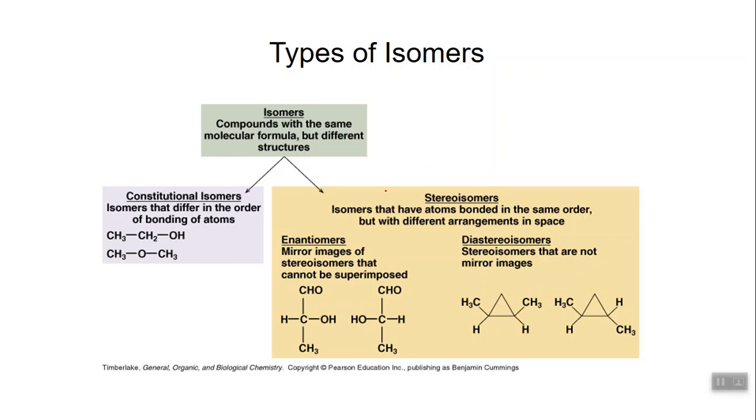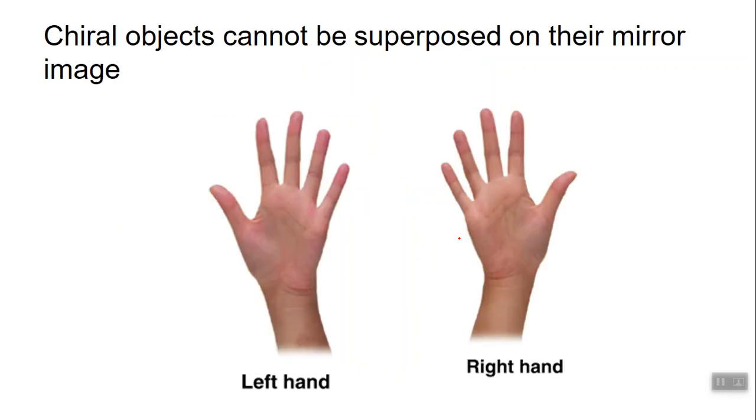So we've now seen a couple of different types of stereoisomers, and whether we're talking about enantiomers or diastereomers, the name of the molecule is going to be the same, except for that little bit in the front. All right, to understand enantiomers, which is the direction we're headed in right now, we first have to start with this idea of chirality.